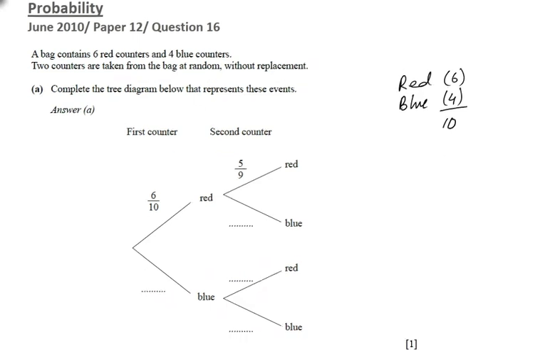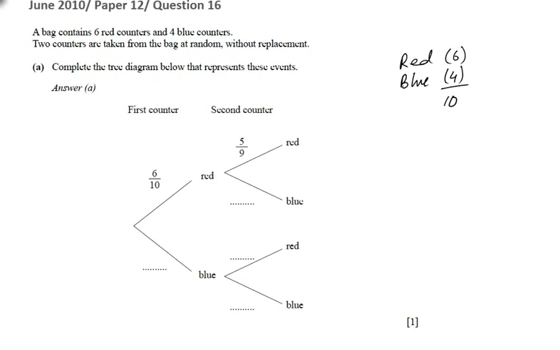Now, if we complete the tree diagram here, the probability of red is 6 upon 10. So the probability of blue will be 4 upon 10. Now, if the first counter is red and the second one is again red, it means we will reduce both numerator and denominator.